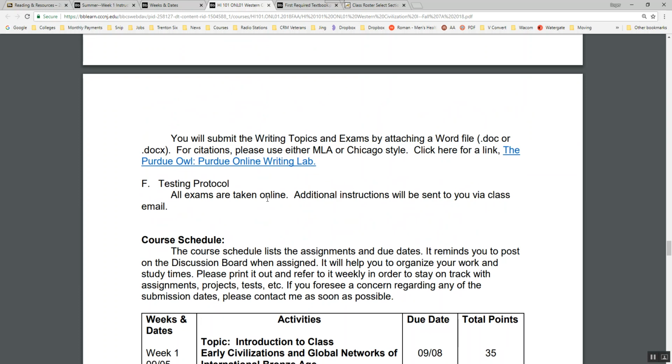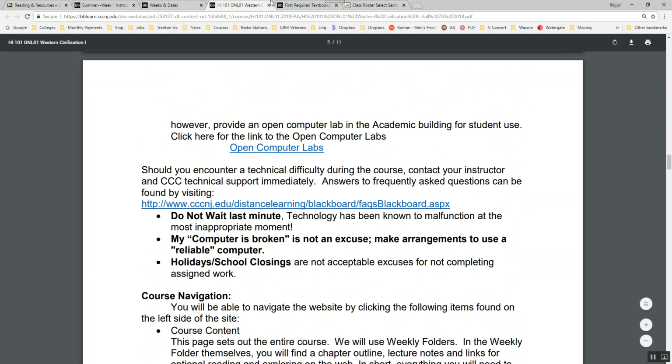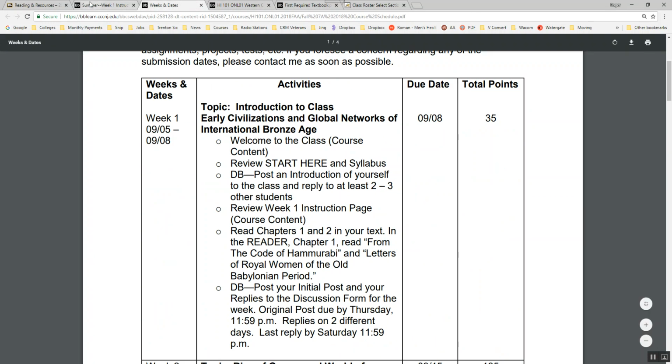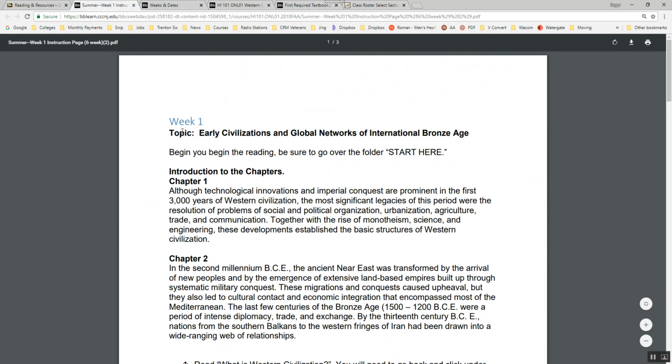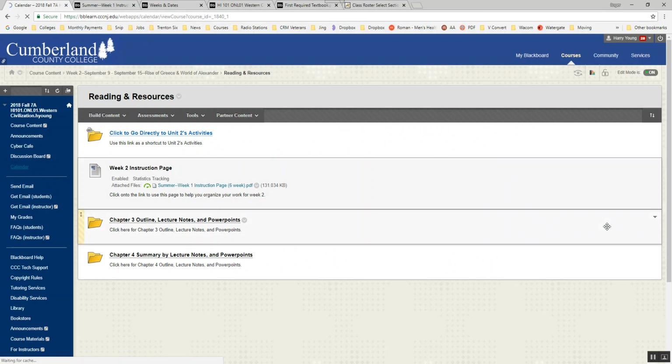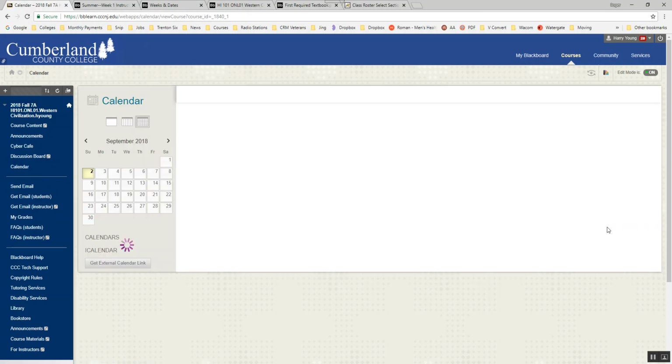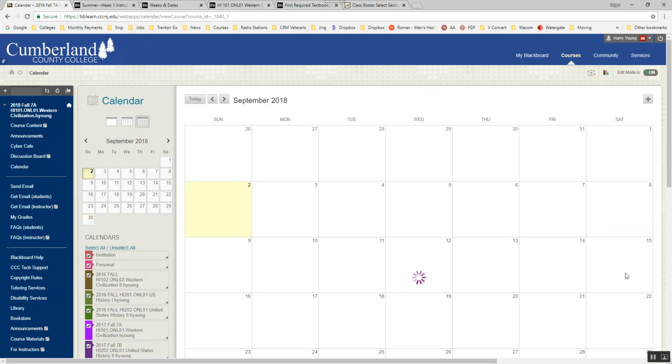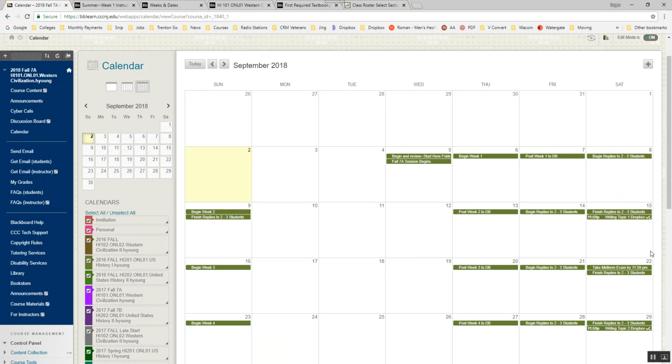Stay organized, and the way to do that is either by using your course schedule, using your weekly discussion pages, and also using your calendar, which will also help you as well. The calendar will tell you when things are due.